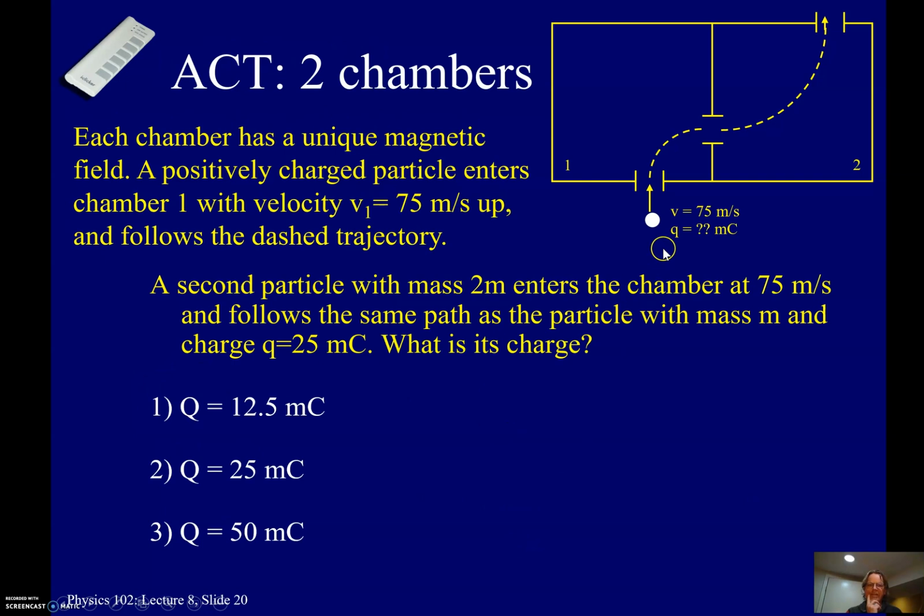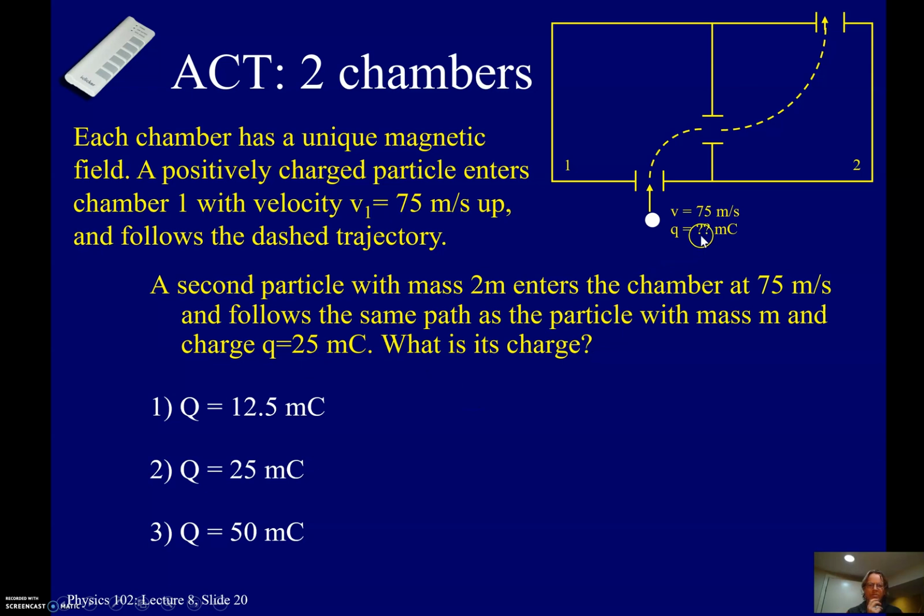Now we have a 75 meter per second particle. And we don't know what this charge is. But we have a second particle, and we know it's twice the mass. It hits the chamber at 75, the same speed, and it follows the exact same path as the m1. Well, how could that happen? It could happen by different charges. So what would be the charge of the second particle, which follows the same path, compared to the mass m and charge of 25? What is the charge of the one with the 2m?